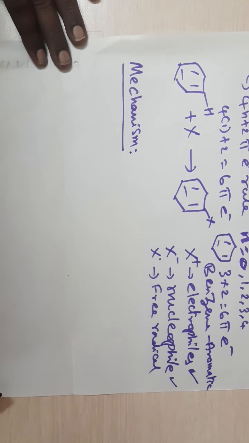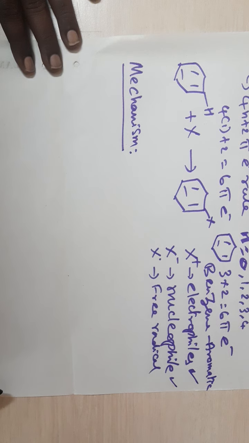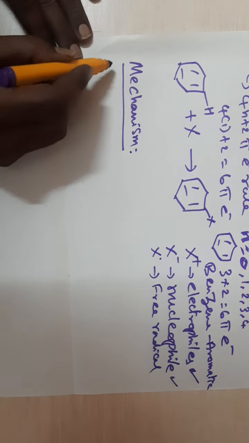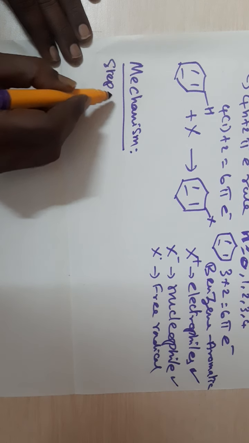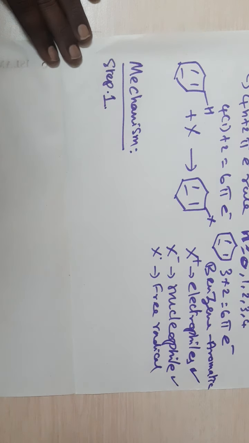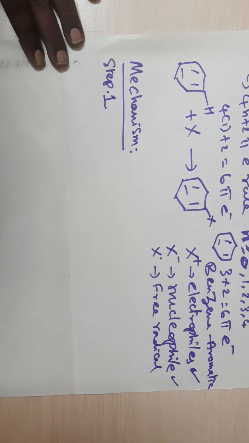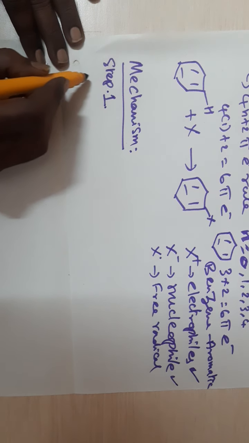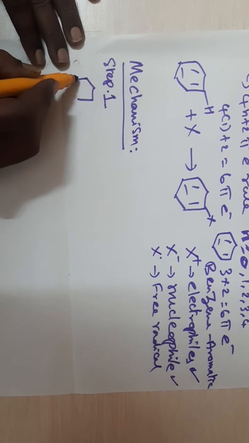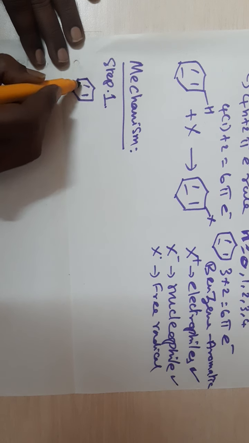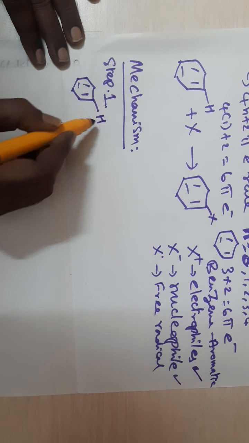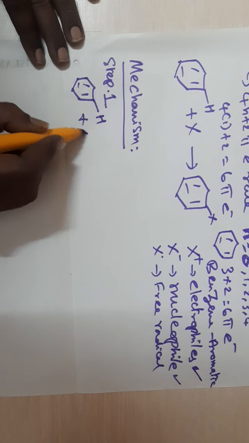See, the mechanism is found to be taking place in two steps. First step, it occurs very slowly. In this step, the aromatic compound is attacked by the electrophile, namely X plus.